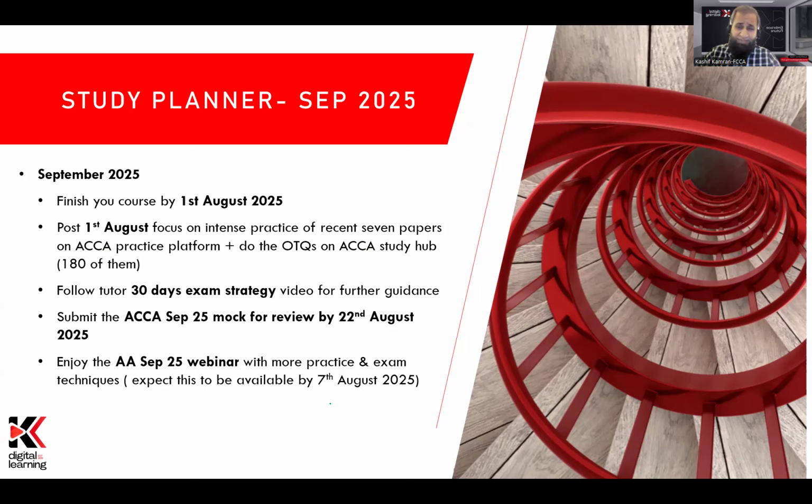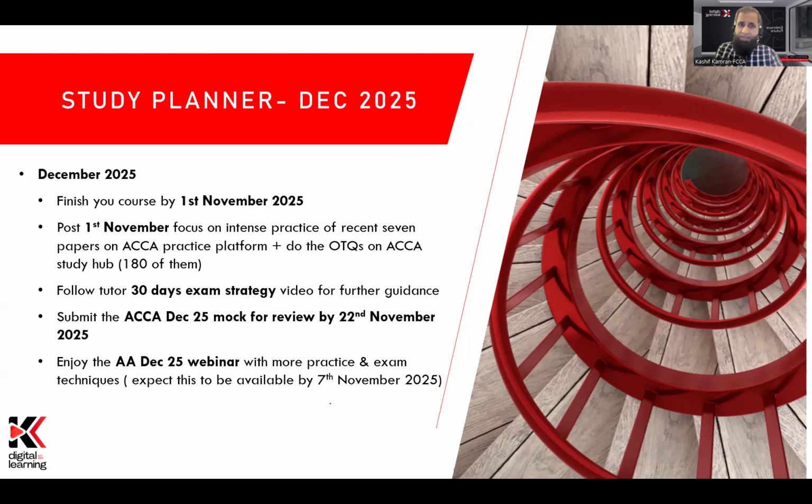Submit the ACCA September 25 mock by the 22nd of August for me to review it and give you the feedback. And enjoy the AA September 25 webinar where I do some additional practice, which will be available by the 7th of August. Same for the December exams. Finish the course by 1st November if you're preparing for December exams.